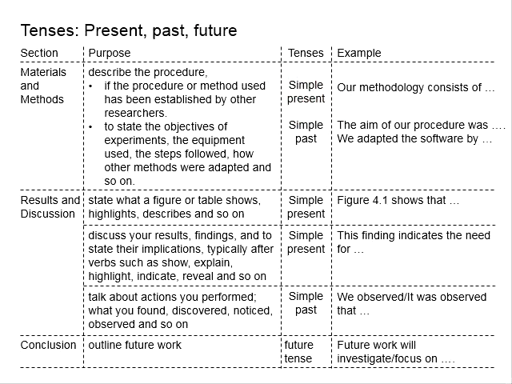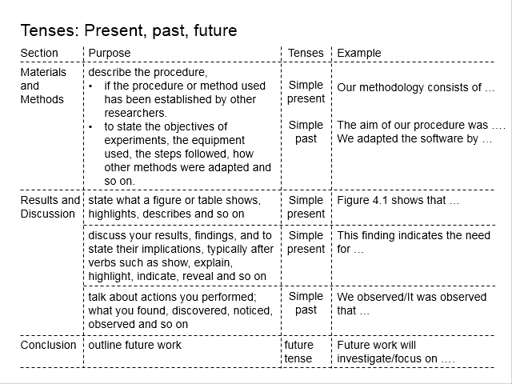For example, our methodology consists of, and if you are to state the objective of the experiment, the equipment used, the steps followed, how the other methods were adapted, and so on and so forth. This is referring to something that has already happened.